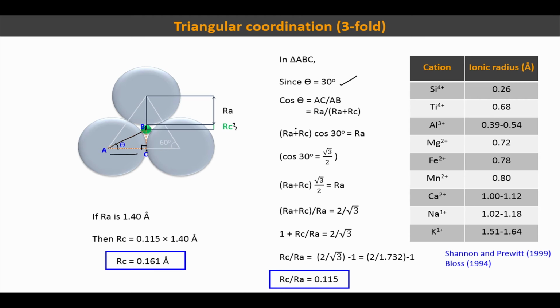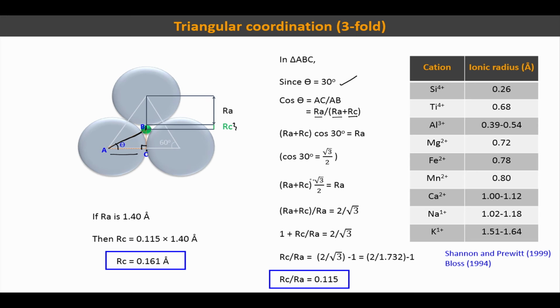AC is the radius of the anion, Ra, and this distance AB is the radius of the anion plus the radius of the cation. If you take theta as 30 degrees, cos 30 is root 3 by 2.